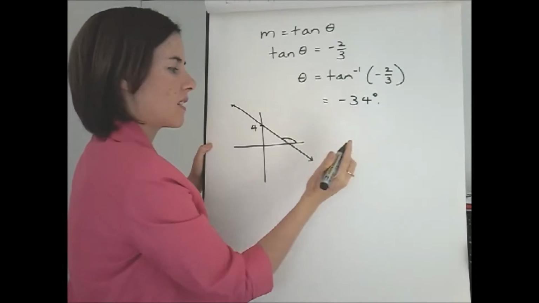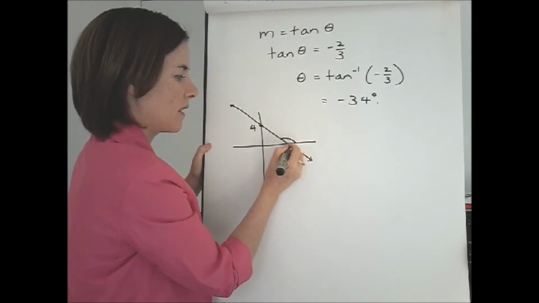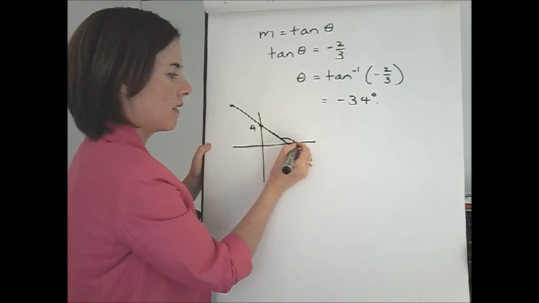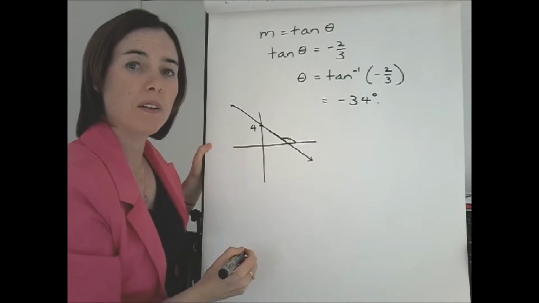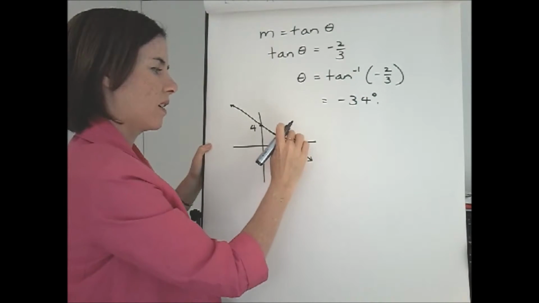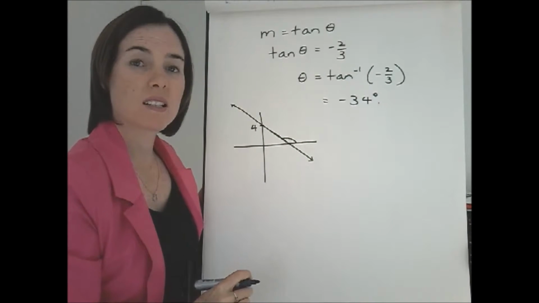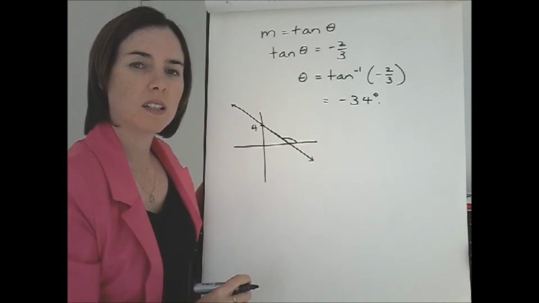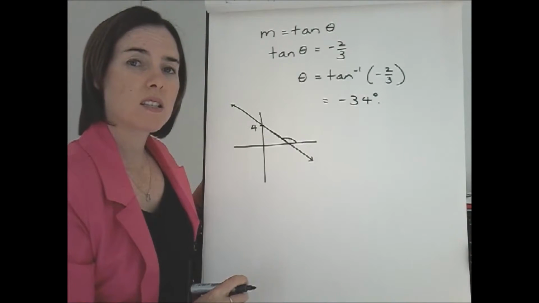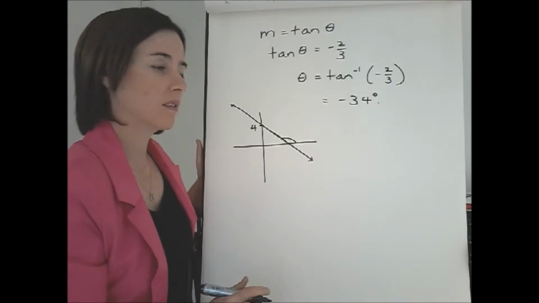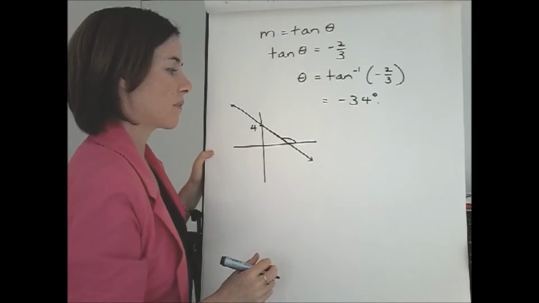Positive direction of the x-axis is going there, and the line, and it's always the angle above the x-axis. So that's it, and it definitely makes no sense to say that that's a negative angle. What it is, is an obtuse angle. It's bigger than 90 degrees.